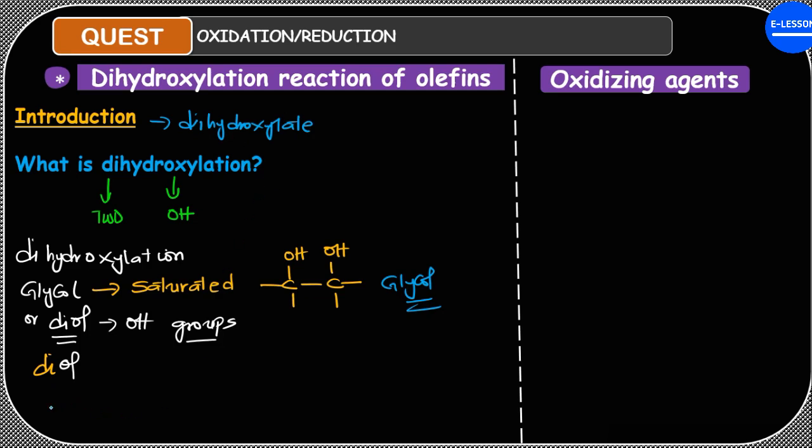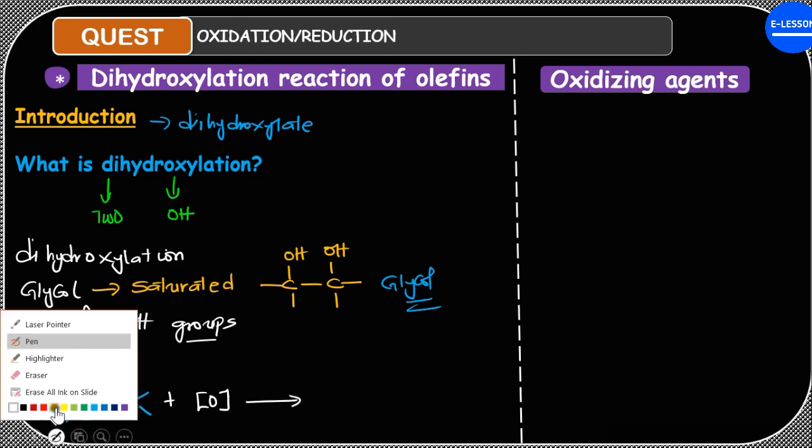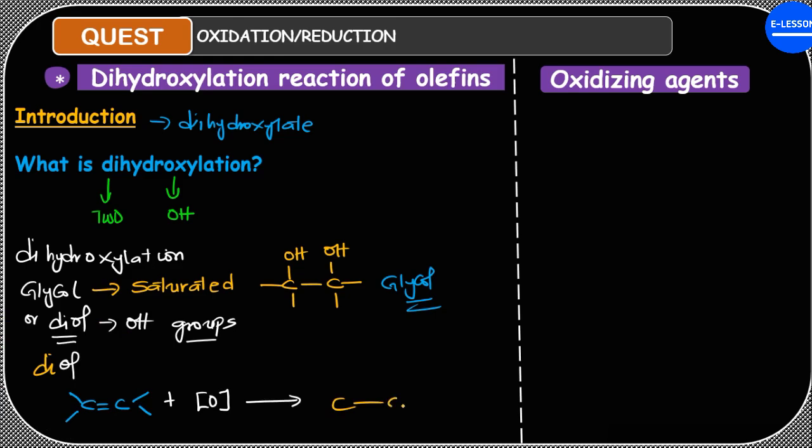What we mean is, for instance, let's say this is an alkene, C double bond C. This is the general form of all alkenes, right? Now this alkene, if you put the oxidation reagent, is going to form something like this: C, C, here is OH, here is OH. These are the groups that are present there.